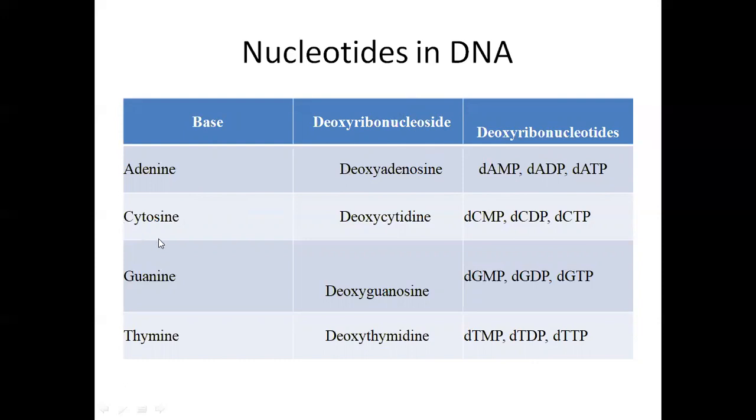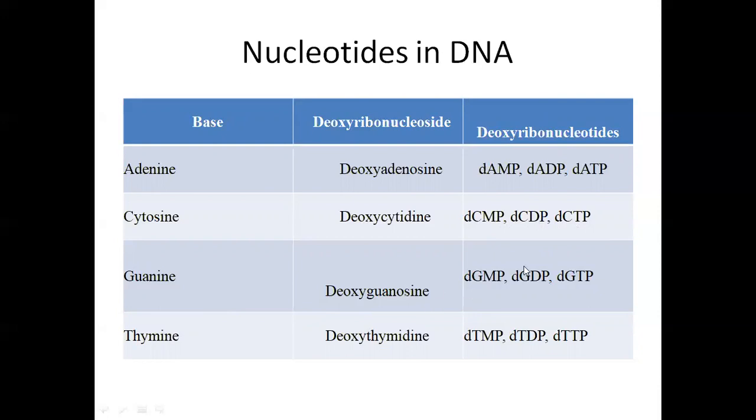If the base is cytosine, the name of the nucleoside is deoxycytidine. And coming to the nucleotides, dCMP, dCDP, dCTP: deoxycytidine monophosphate, deoxycytidine diphosphate, deoxycytidine triphosphate, like that. If the base is guanine, it is deoxyguanosine.